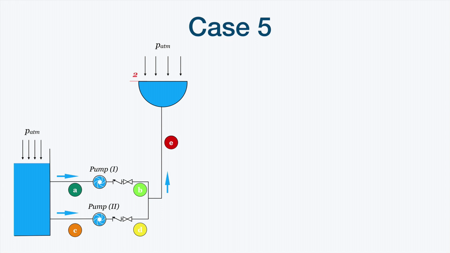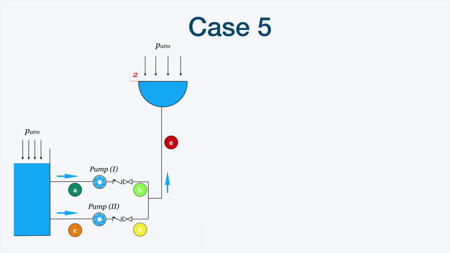I mean, for pump 1 we have pipe A and pipe B in series. For pump 2 we have pipe C and pipe D in series. But the combined curve of the system AB is in parallel with the combined curve of the system CD.